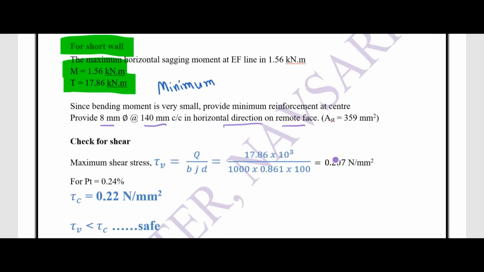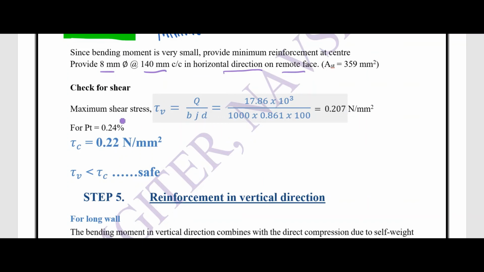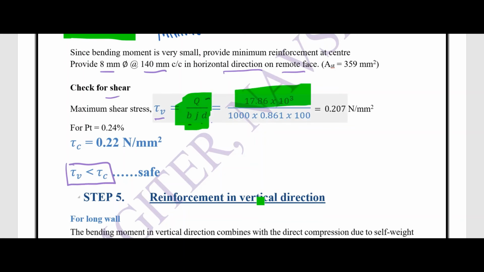Now we are going for the check for the shear. Check for the shear means tau v less than tau c. So tau v equation is Q divided by BJD. We discussed all this equation in previous lectures. So Q is equal to shear force, B means 1 meter, J is the design constant, and depth means the thickness, right?